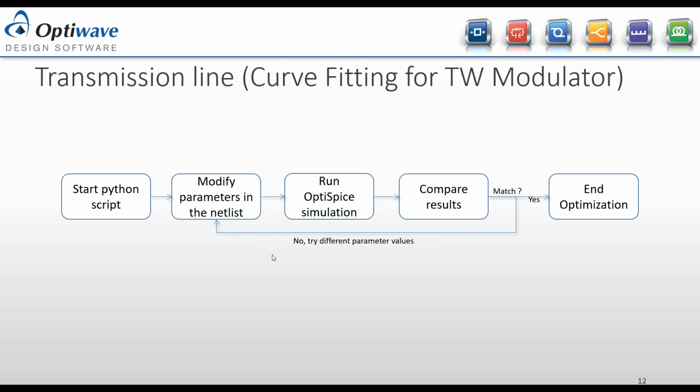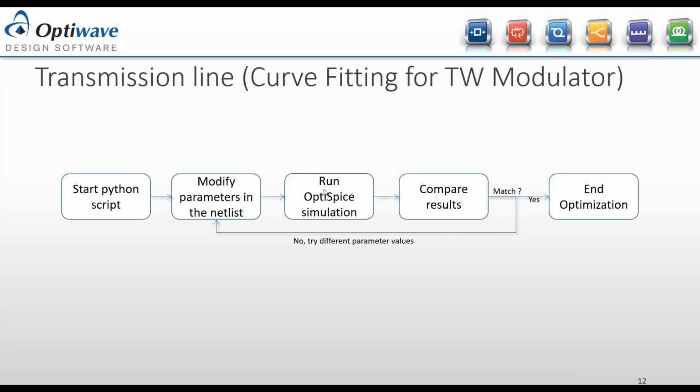Basically, the way it works is, instead of launching SPICE from the user interface, you can launch SPICE from Python. So you start your Python script, and we're going to do this from the command line. The Python script modifies the parameters that we're looking for in the netlist.